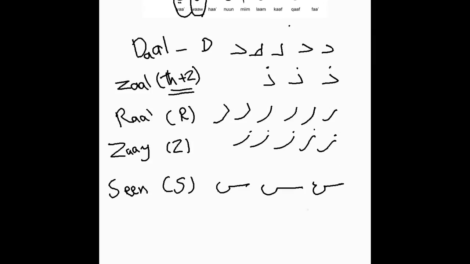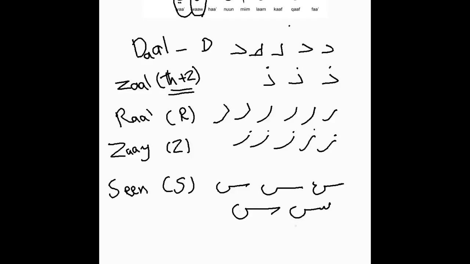You might find Sin in a different shape. You might find Sin like this, or you might find it like this. It's the same Sin. And later on, as I said, since it's similar to other letters, I'm gonna say how it looks in the middle and at the end, and at the beginning of the word.